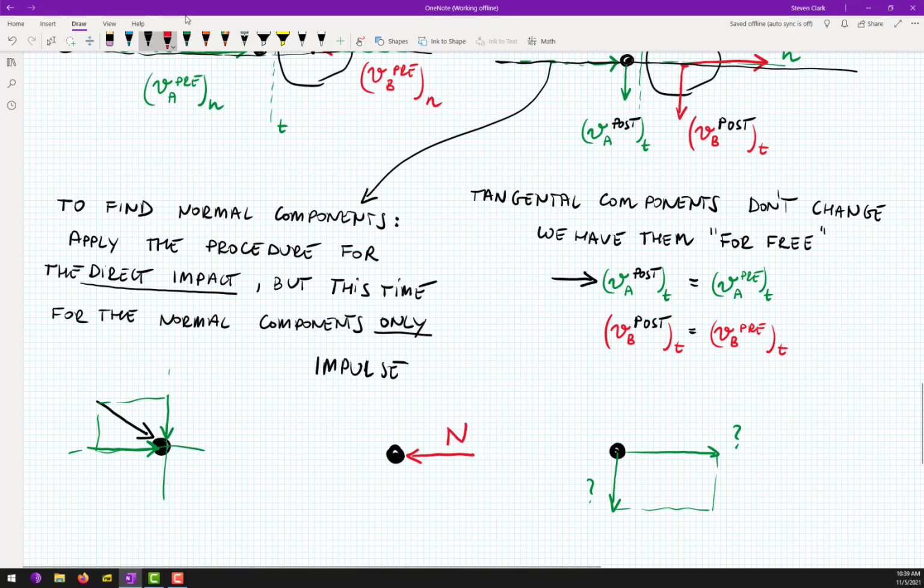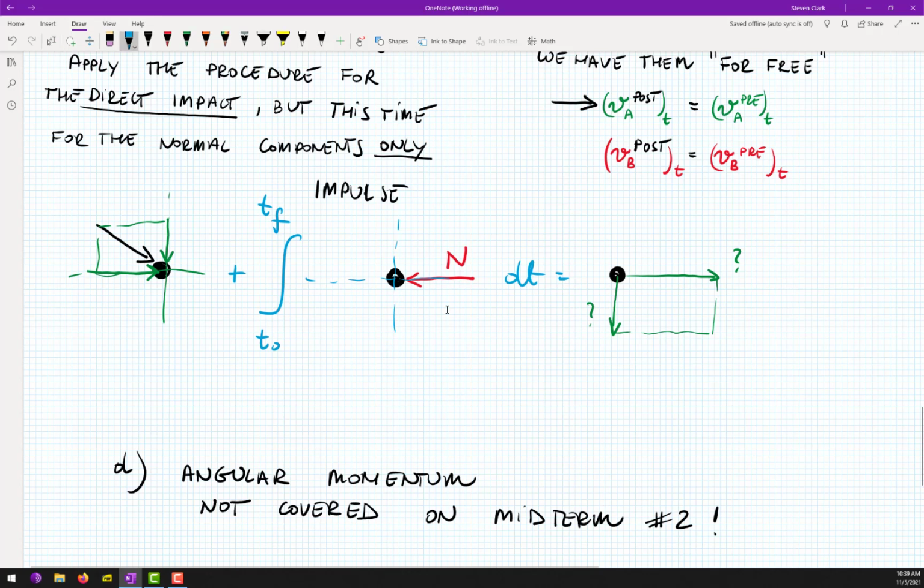Okay, so first of all, let's not forget about our integral. I think that this red force acts along this direction only. There are no forces acting along this direction, so that means that momentum is preserved along this direction. Do you see it?